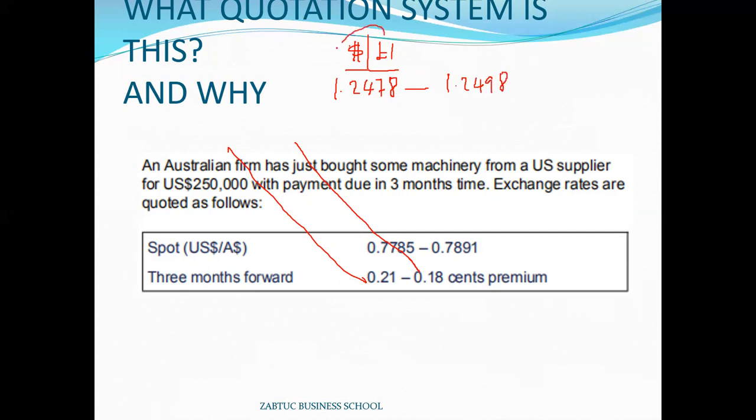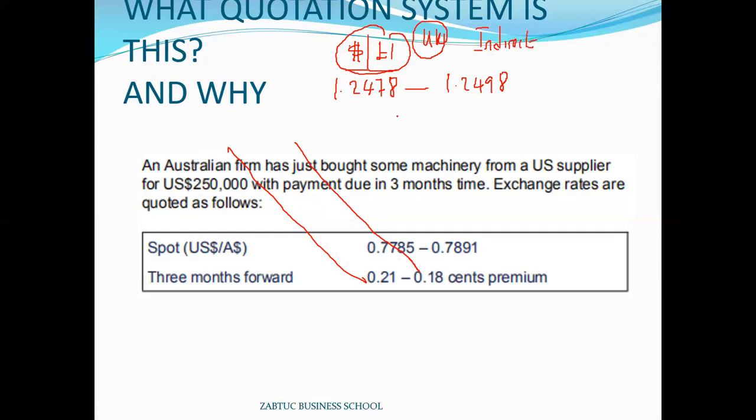So this is the quotation system which you have been presented with on a UK electronic exchange rate board. Now what type of a quotation system are we facing here? It's indirect, because we are starting with units of foreign currency.